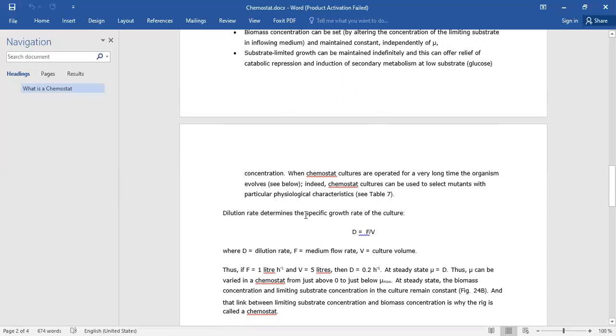This is the formula for the dilution rate, which determines the growth rate of the culture: D = F/V. D is the dilution rate.